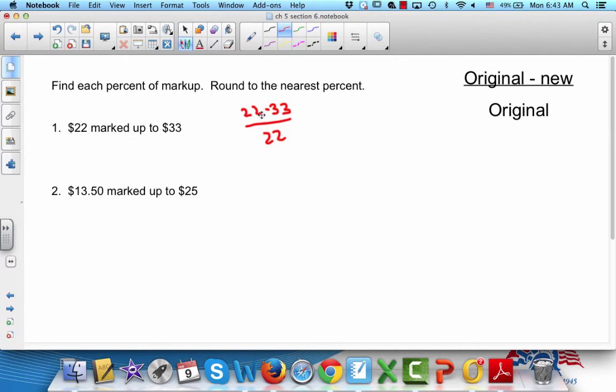So 22 minus 33 is 11 over 22. 11 goes into 11 one time and into 22 two times, so that's 1 over 2. We just did this one. 1/2 was 50%. So they had a 50% markup on that item.